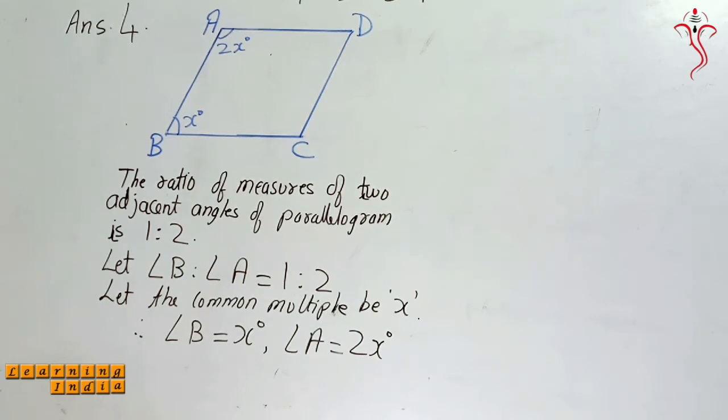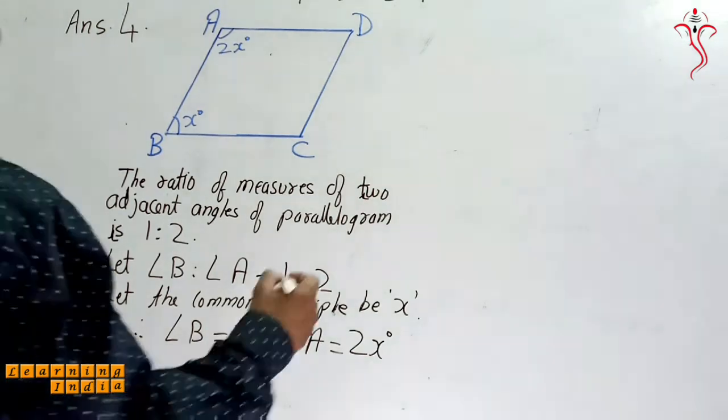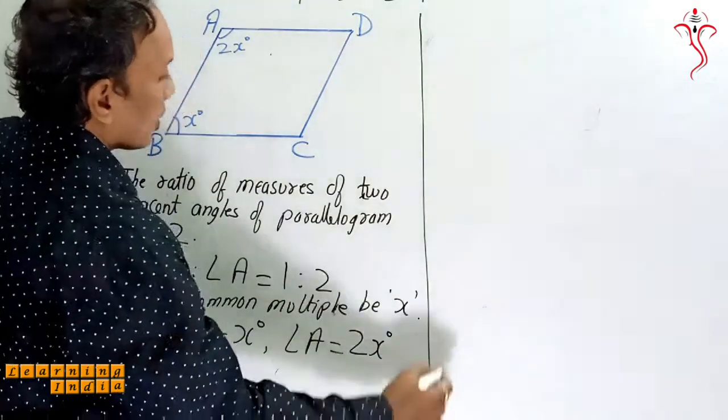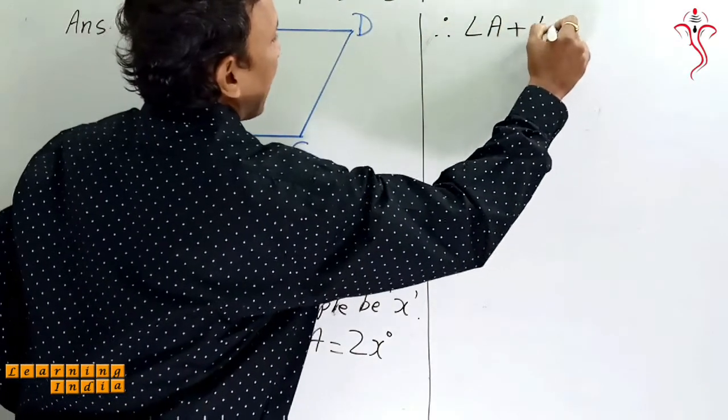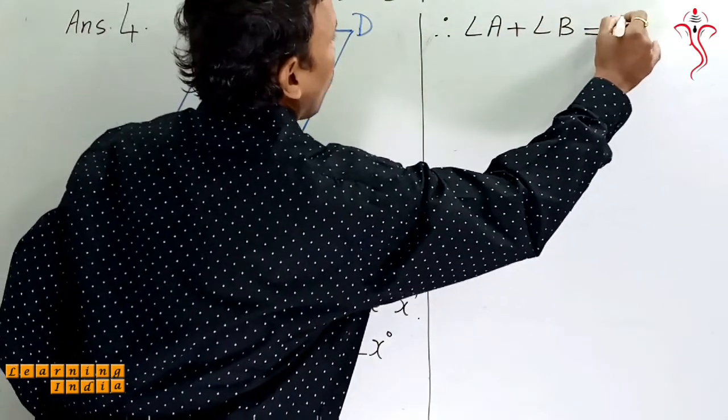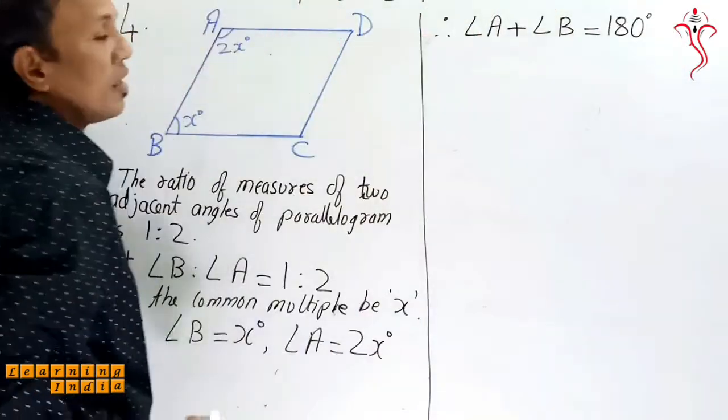So if you see the diagram here, you all know कि angle A and angle B they become adjacent angles. So adjacent angles of a parallelogram are always supplementary. So write it down here. Therefore, angle A plus angle B is equal to 180 degree.